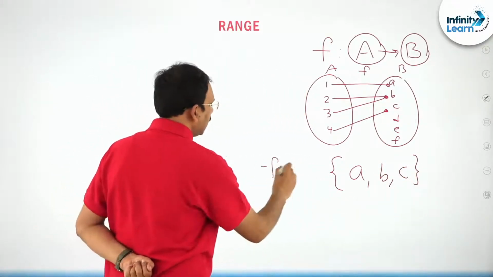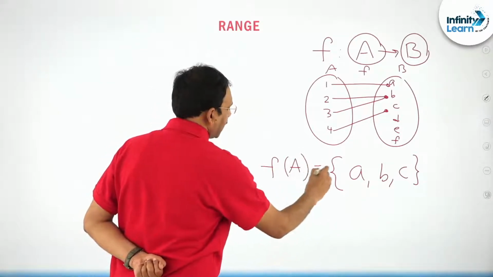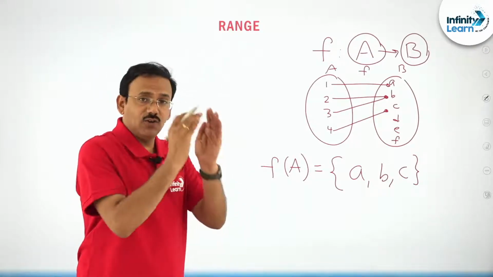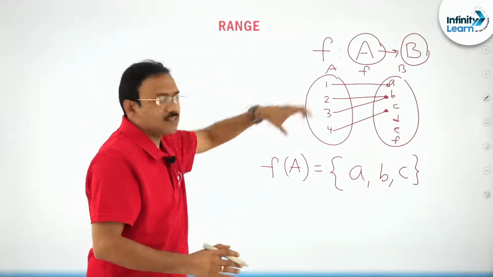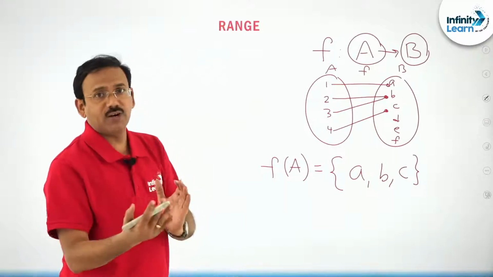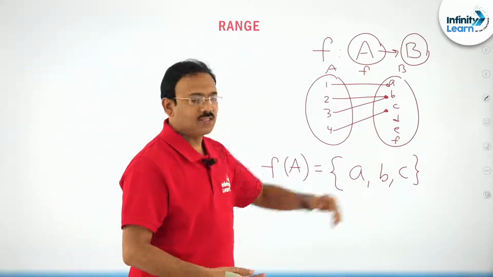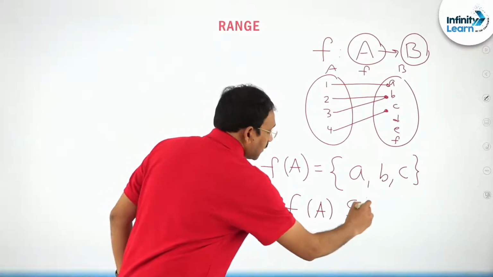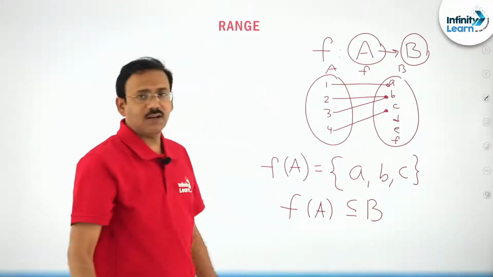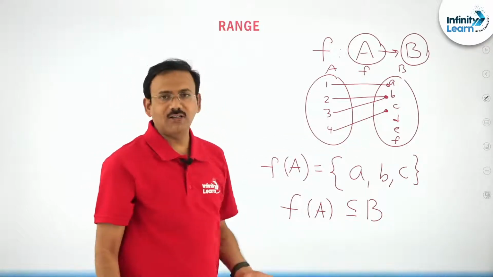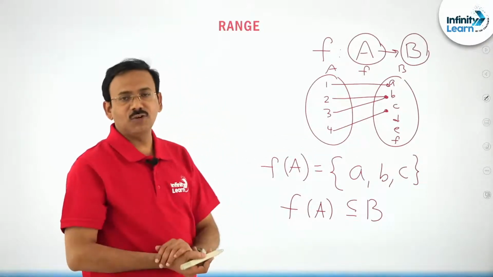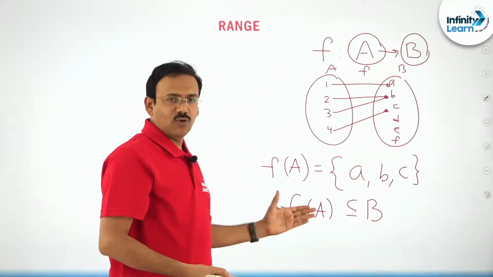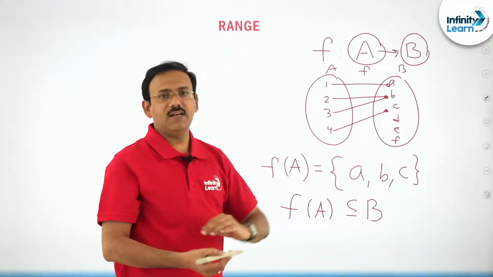It is also denoted by f(A), because in the function f, when you give all the elements of A as input, the outputs you get form the range. So friends, range is always a subset of codomain, isn't it? If d, e, f were not there, we could say range is equal to codomain. Of course, range is always a subset of codomain, sometimes it may even be equal.